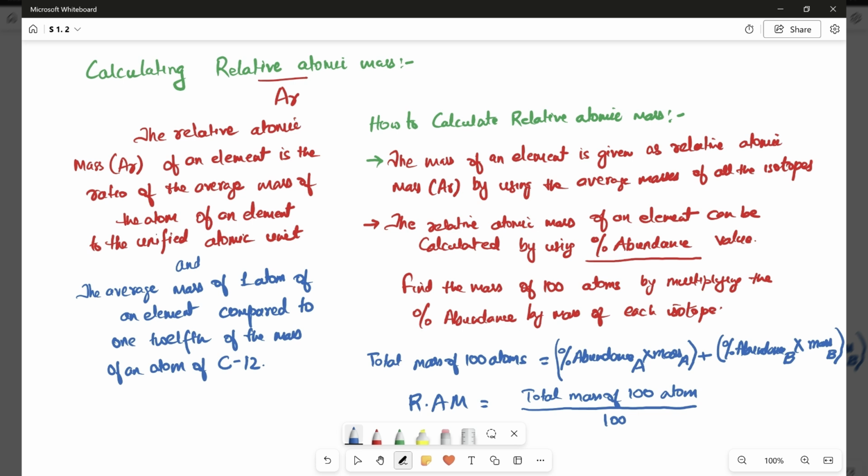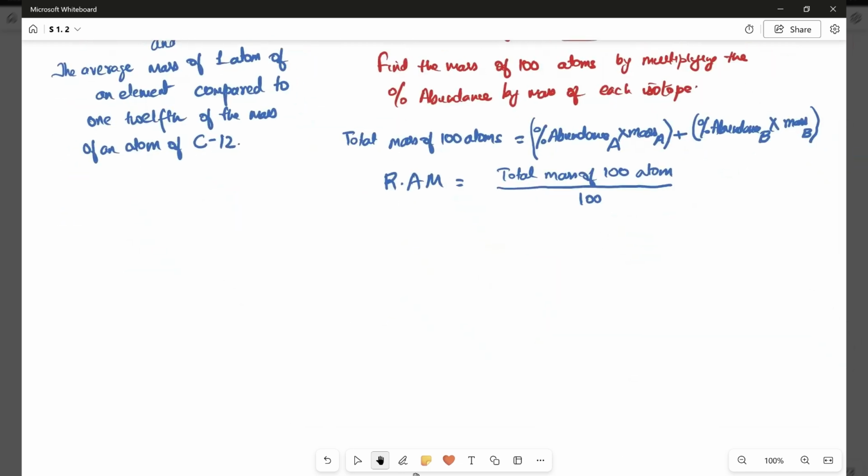So let's have one example to understand how this works. I will take a very good example which IB always asks.